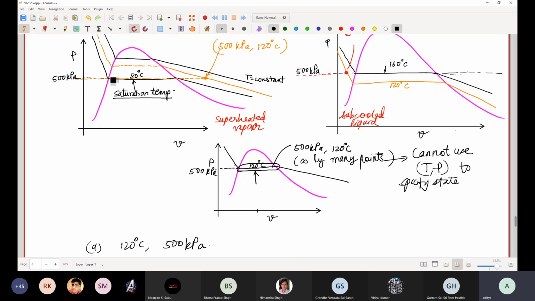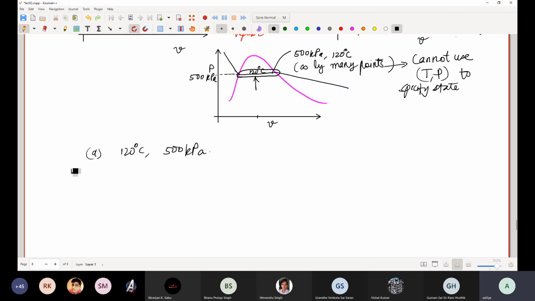So what do we need? We need to know what the saturation temperature is corresponding to a pressure of 500 kilopascal, Tsat at 500 kilopascal pressure.